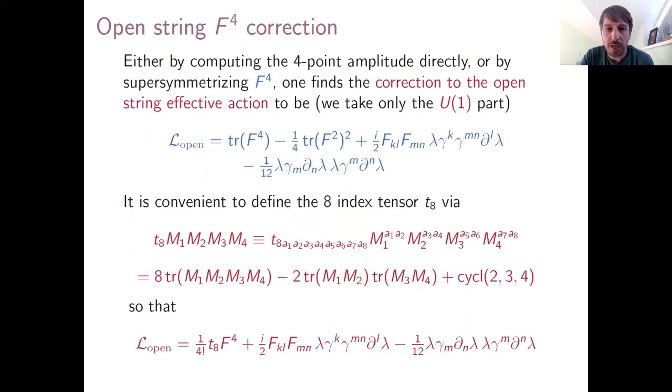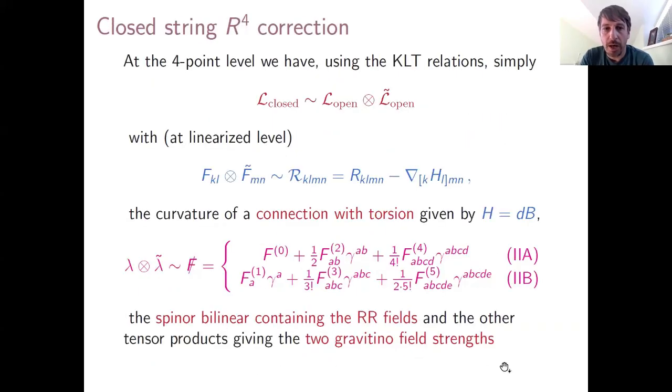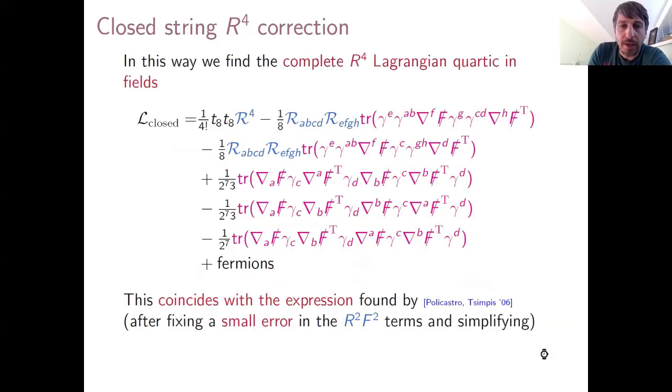So now we basically just take this action and we tensor it with another copy of it, and we use these rules. I would just focus on the bosonic fields. And if you do that, you find the complete R to the 4 quartic Lagrangian in the closed string case, and it takes the following form. So the first term should be clear where it's coming from.